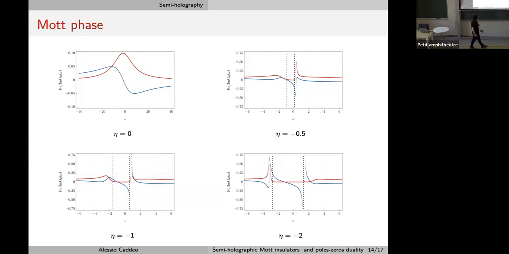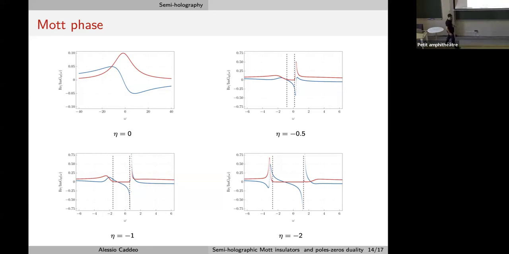From the plot on the top right it is still not very clear, but from these two plots we see that we have a 0 inside the gap. The two vertical lines denote the endpoints of the gap.